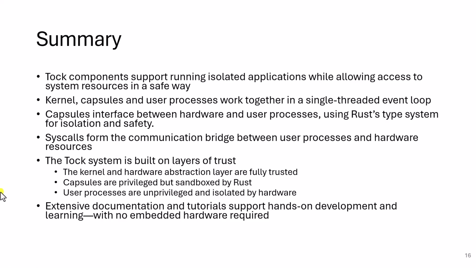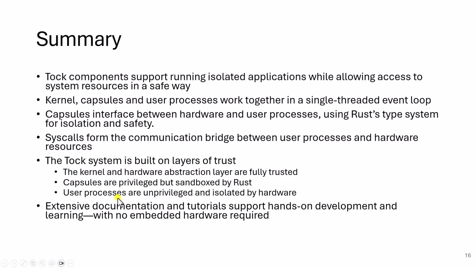As we saw previously, the safety and security are built on layers of trust, where at the most trusted level are the kernel and hardware abstraction layer, and then from there the capsules, which are privileged but still sandboxed by Rust through those compiler traits. And then finally, the user processes, which are the least trusted and isolated by the hardware memory manager.